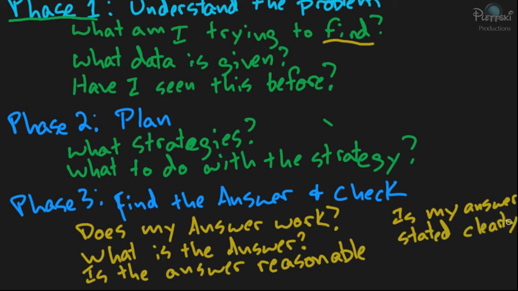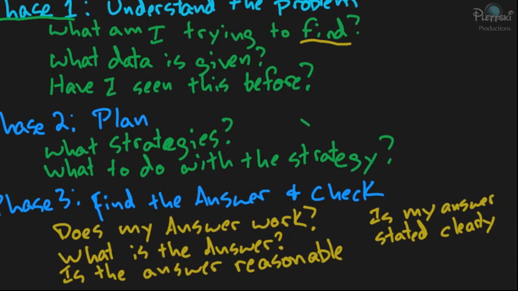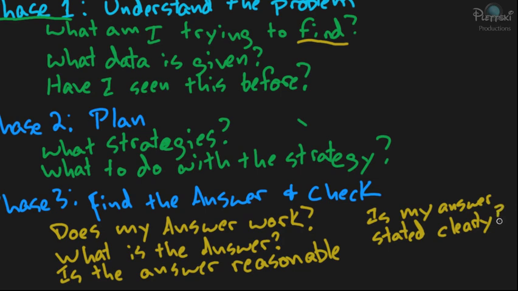This could be to benefit other people, but it could also be to benefit yourself. If you're going back through your notes to study for a test, or if you have a job later in life and you found an answer to something but you didn't write it down, or you wrote it down in such a way that you can't understand it, then this is just a good habit to develop: writing down your answers clearly so that you or anyone else can come back and read it and understand.